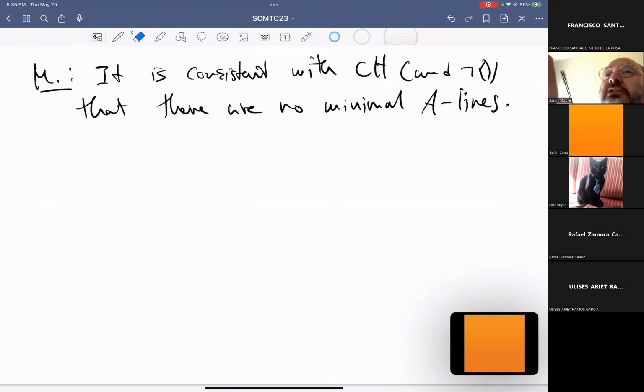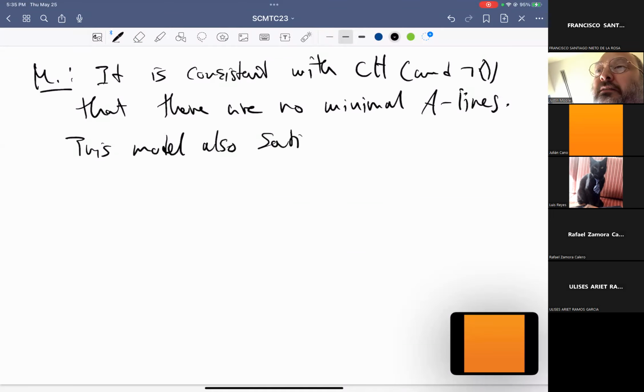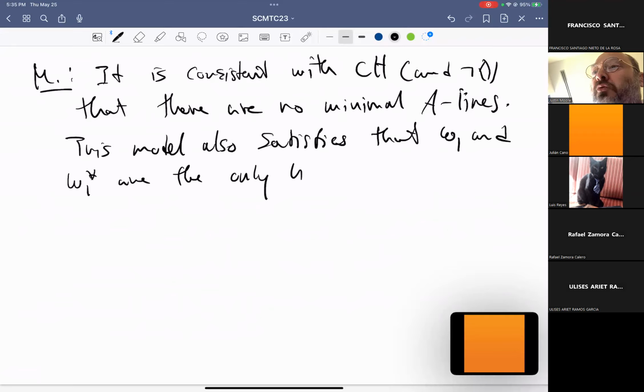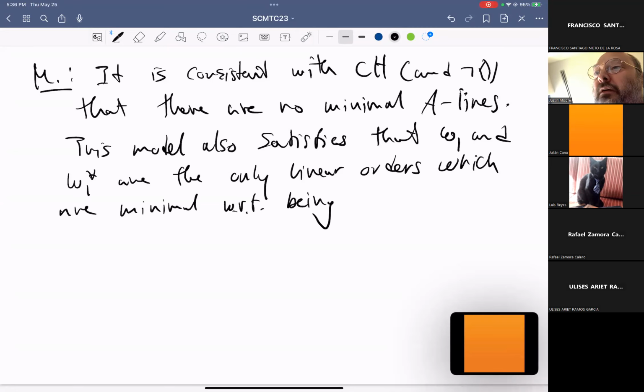This model also satisfies that omega 1 and its reverse are the only linear orders which are minimal with respect to being uncountable.